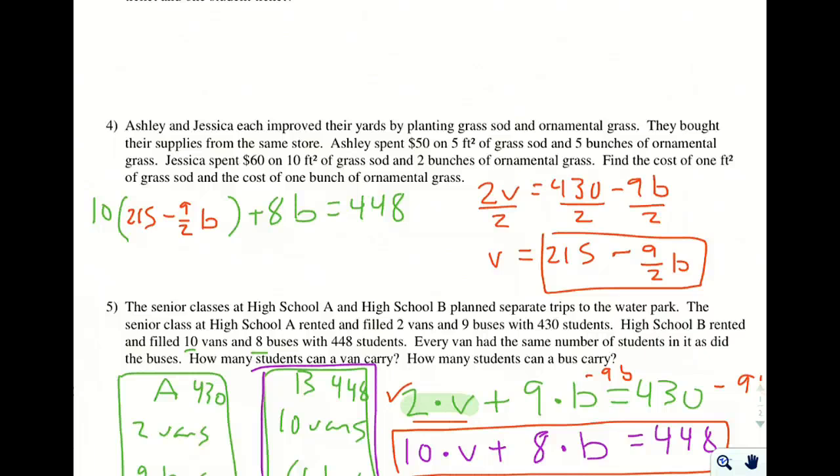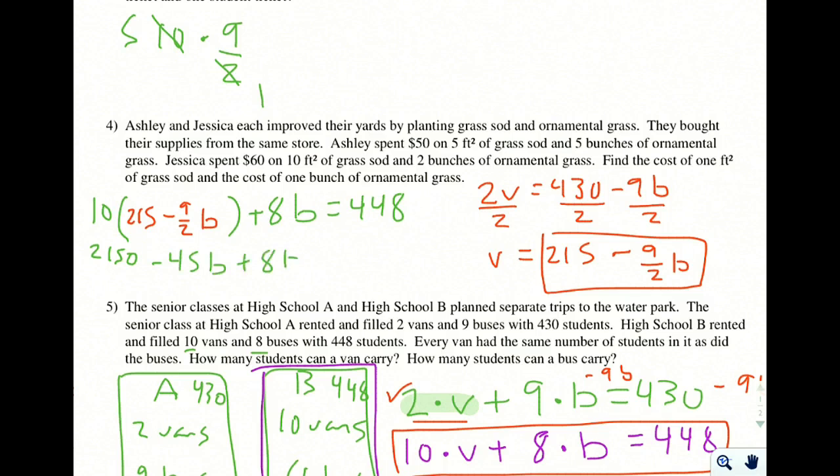10 times all of that, we have 10 times 215 is 2,150. 10 times negative 9 halves, now that's an interesting one. 10 times 9 over 2, we can reduce that to 5 over 1. 5 times 9 is 45, so minus 45b.